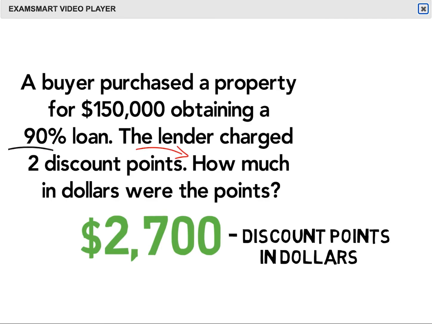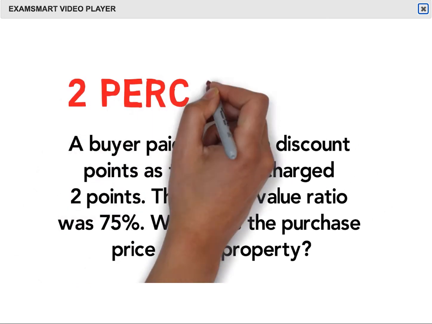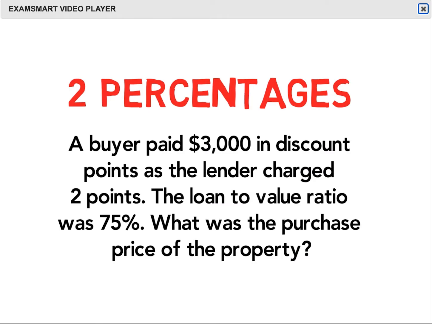A problem might say that a buyer paid $3,000 in discount points as the lender charged 2 points, which once again is 2%. The loan-to-value ratio was 75%. What was the purchase price of the property? In this problem, I have two percentages, so we draw two T's.